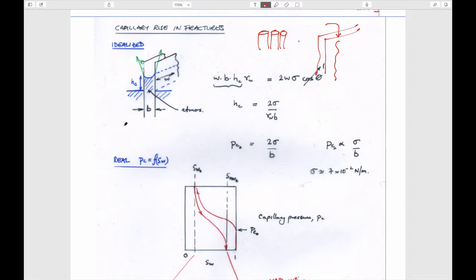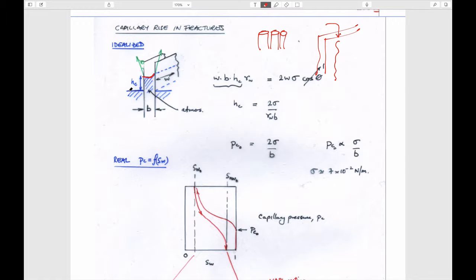Well, we can do exactly the same analysis that we did for a capillary tube. We take two parallel plates and put them in a fluid. If they're close enough together, the liquid will rise up between them, governed by exactly the same physical process, with a meniscus at the top.